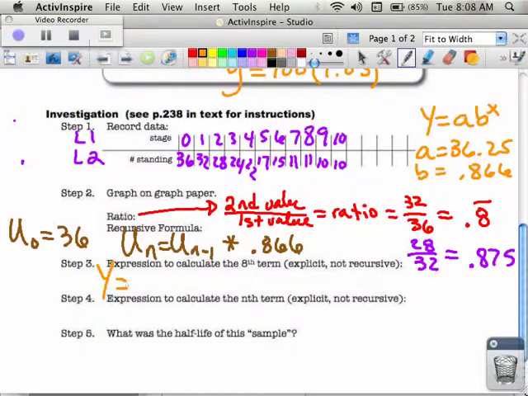Y equals, and I'll use what the calculator gave me, 36.25 parentheses 0.866 parentheses to the x power. In step 3, it says, find the 8th term using this equation. So not what actually came out of my table, but let's go look in the calculator and see what happens.